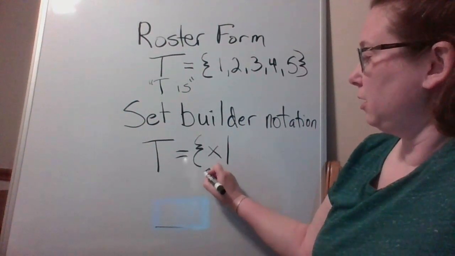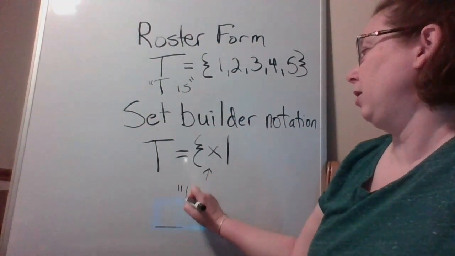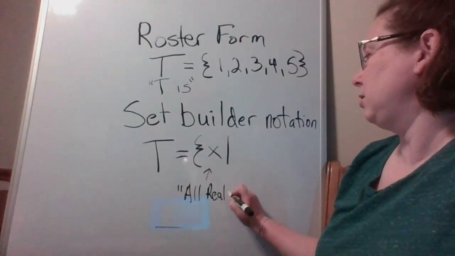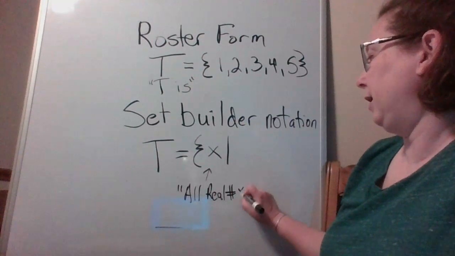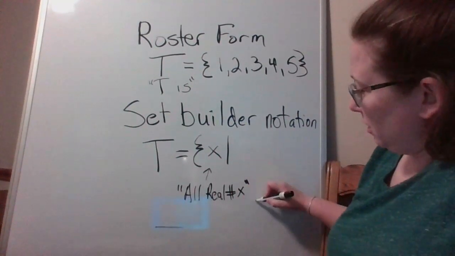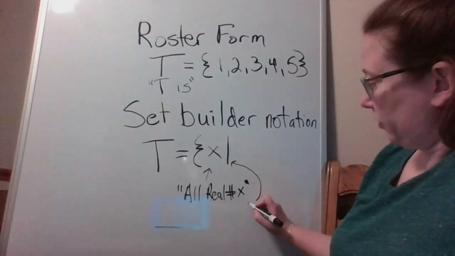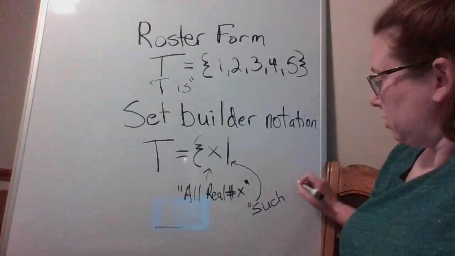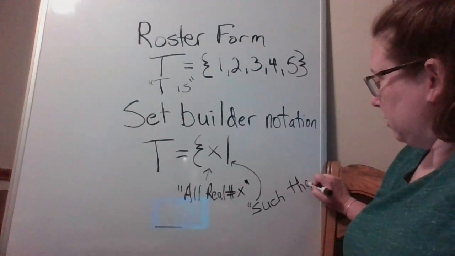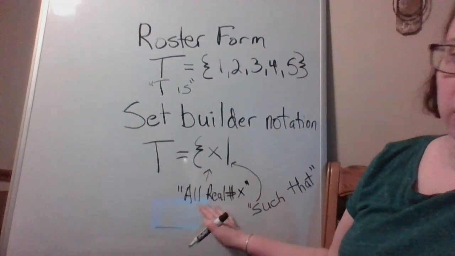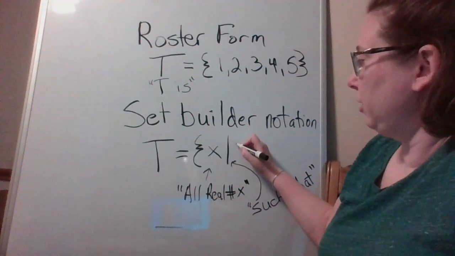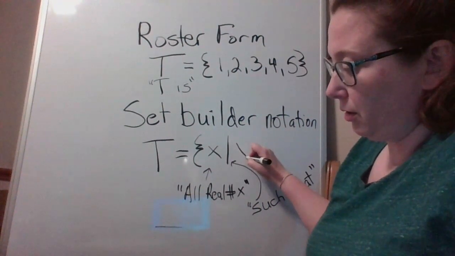So this, you say all real numbers x. And this line here, you say such that. So it's all real numbers x such that. And then you're going to say your x again.